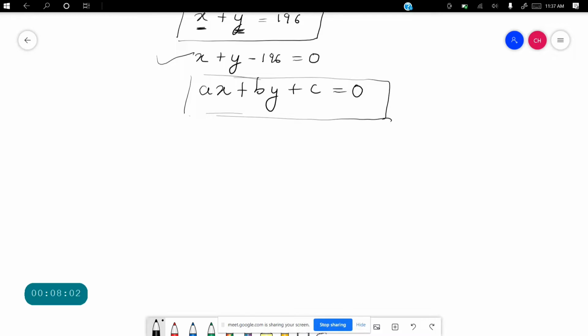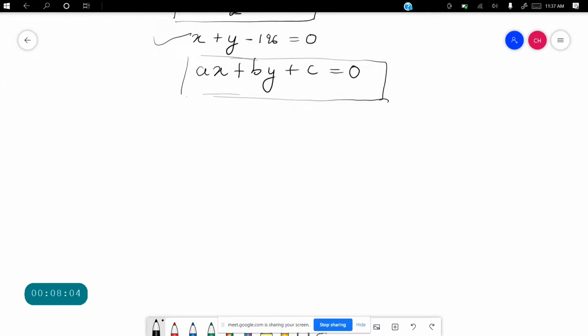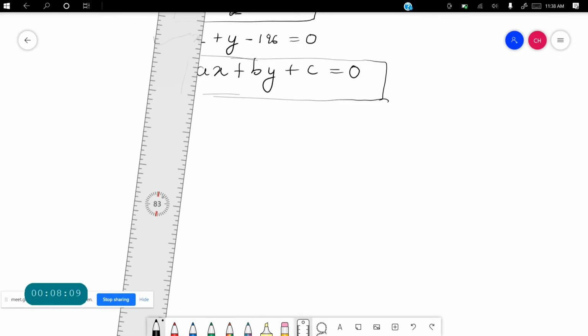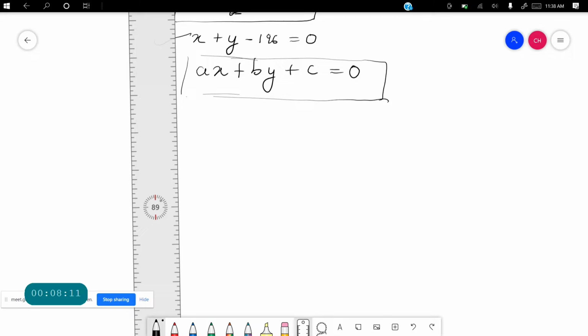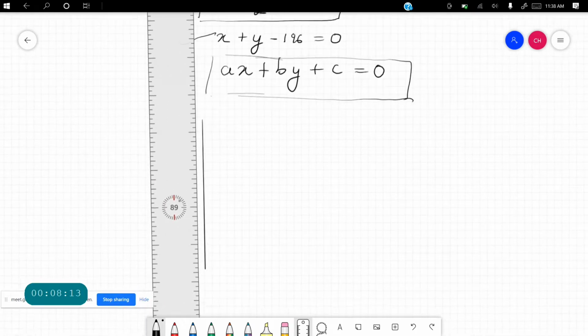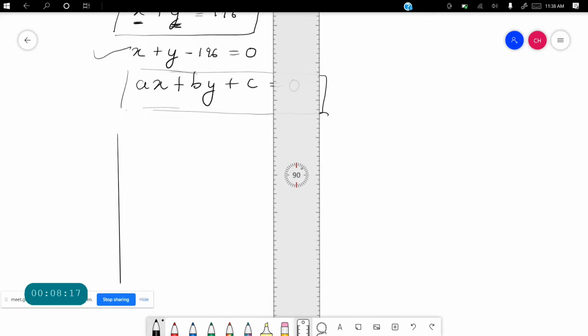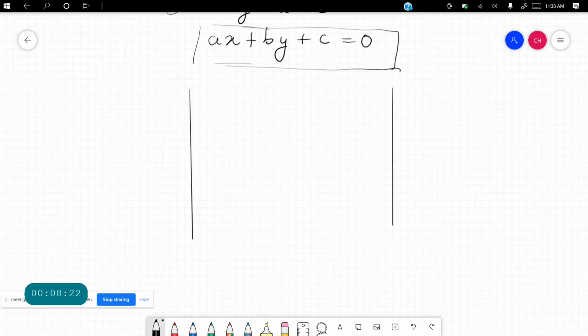So now we will consider a few examples side by side.